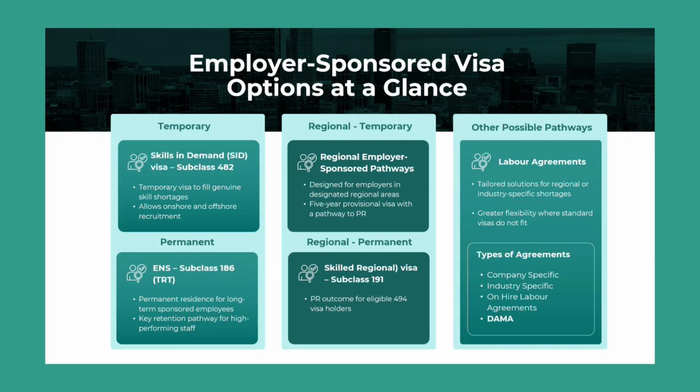And also under the DAMA, if the regional location is under a DAMA area, like North Queensland, Townsville, South Australia, certain areas in Victoria, in each state we have a DAMA facility. In those locations, the regional certifying body, which is usually the council, has to endorse the application. And that can be a 494 or a 482 visa stream.